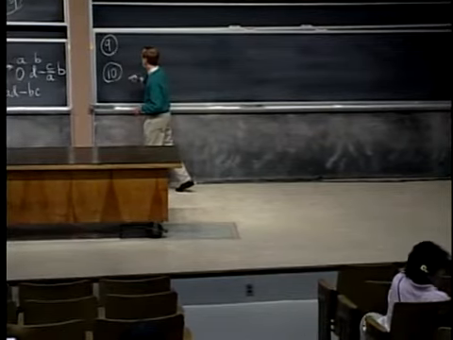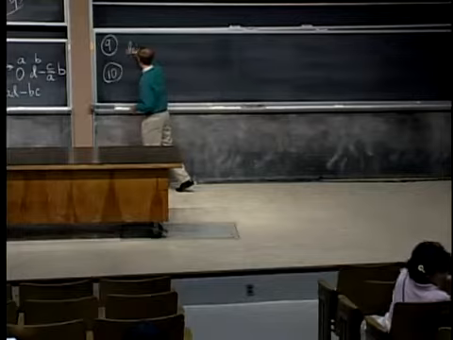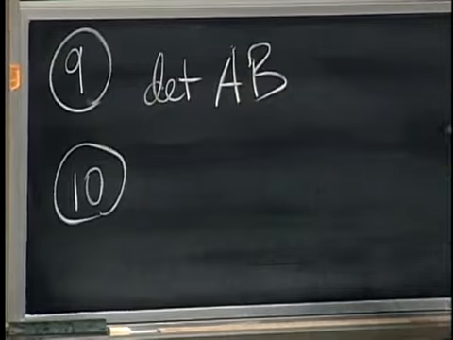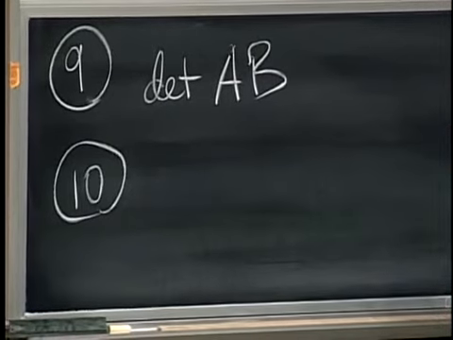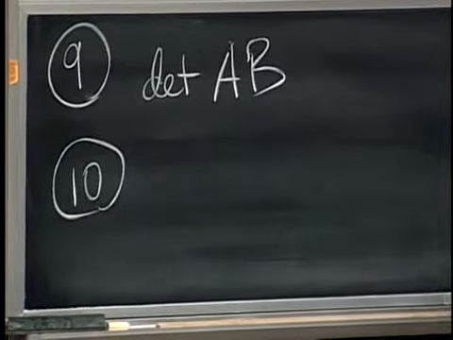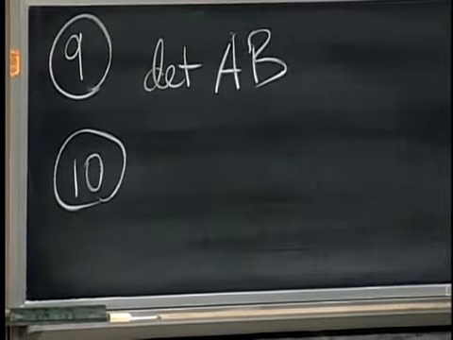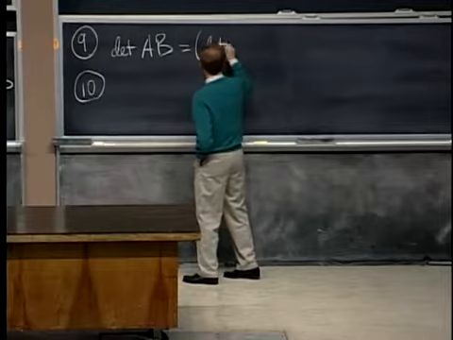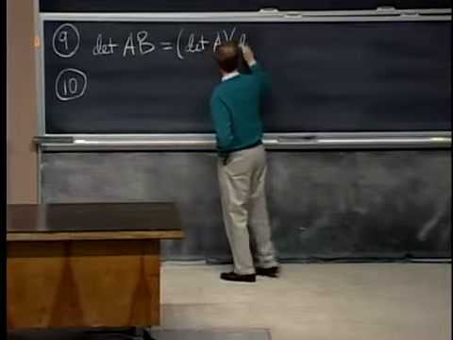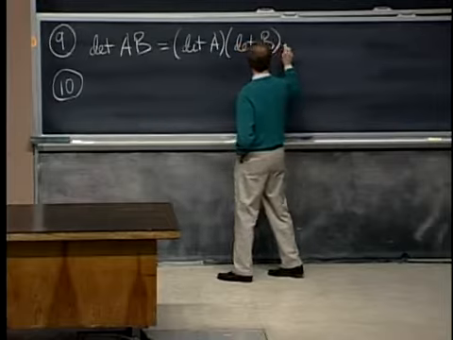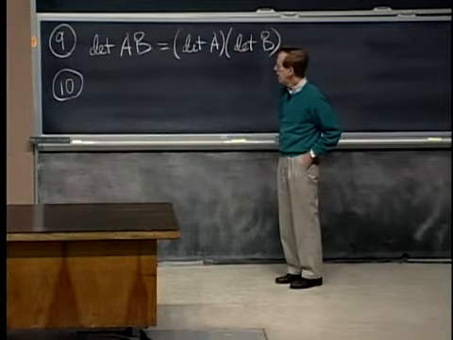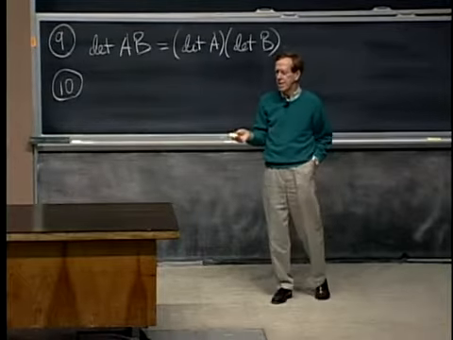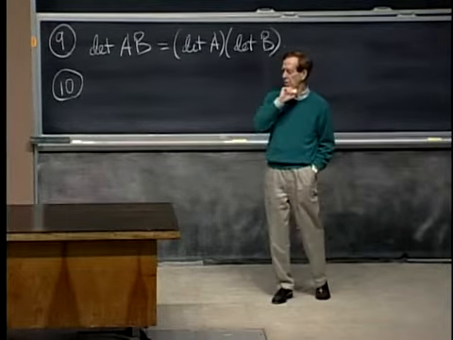Property 9 says that the determinant of a product, if I multiply 2 matrices A and B, is the determinant of A times the determinant of B. And for me, that's a very valuable property.